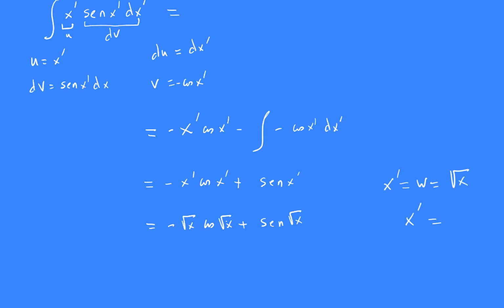So x prime is the square root of x. And now we change x prime by its value, the square root of x. Wherever I see x prime, I will put the square root of x. So the final solution will be minus square root of x, cosine of square root of x, plus sine of square root of x. And this is the final solution, plus c.